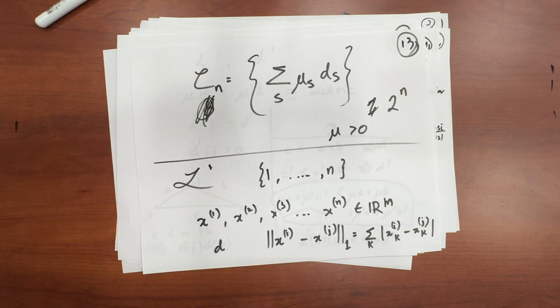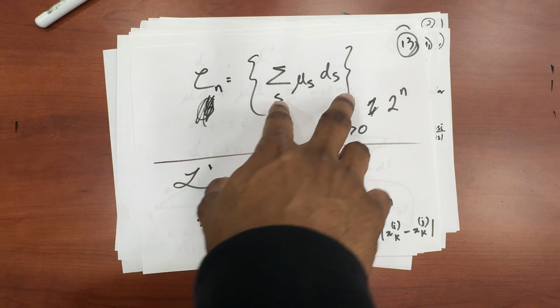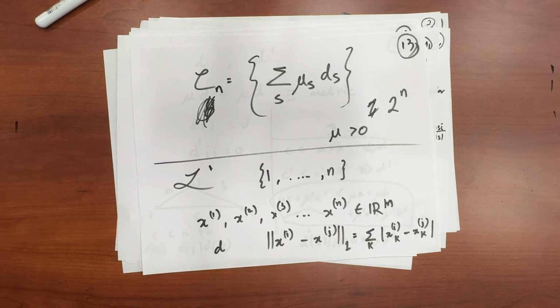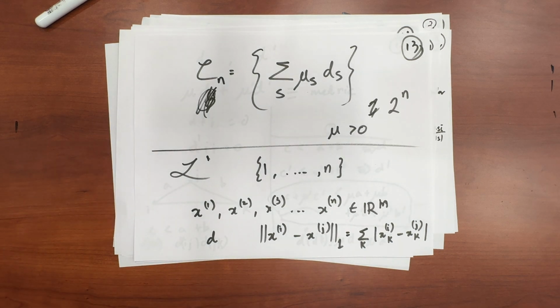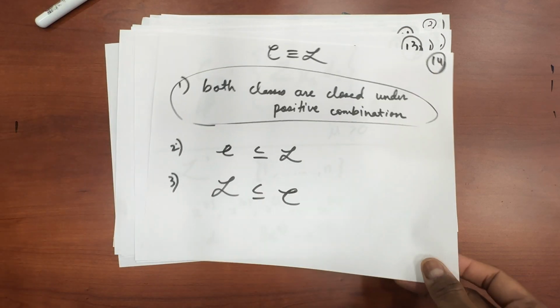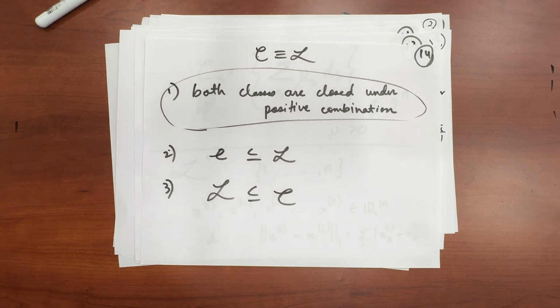Think about it. So Cn is a linear combination of all cut metrics, and L1 is every possible L1 space of any dimension, and these two are exactly the same, which is a crazy thing to think about.